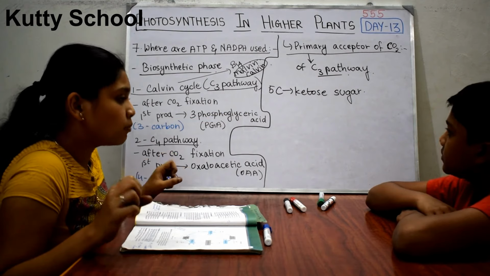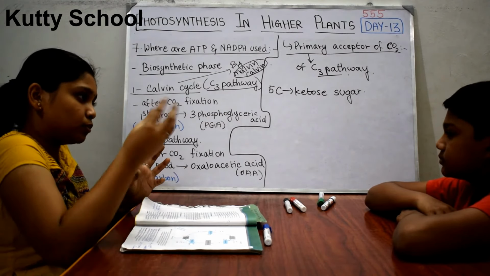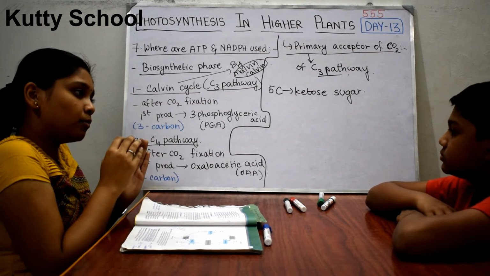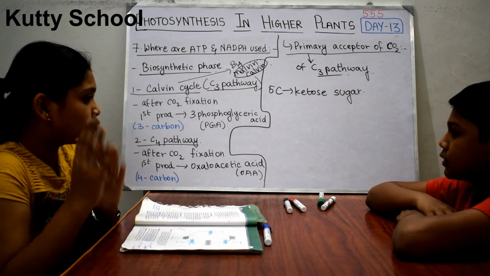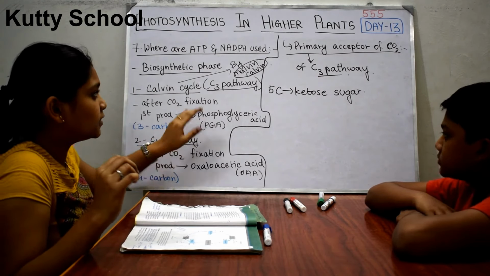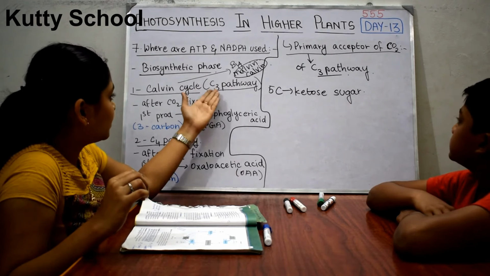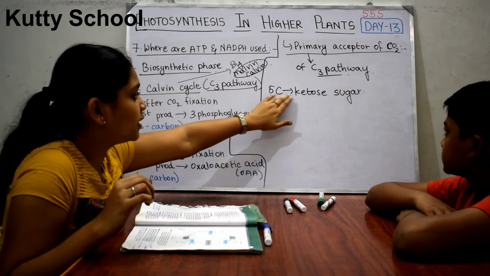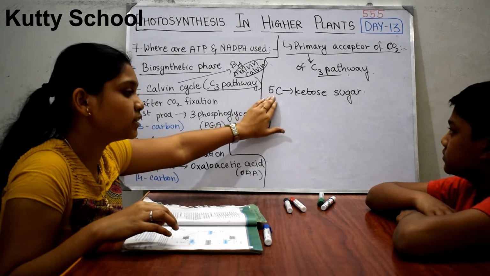The 5-carbon molecule accepts carbon dioxide, which has 1 carbon, and becomes a 6-carbon molecule. This 6-carbon molecule separates into two 3-carbon molecules, which are 3-phosphoglyceric acid. Can you understand? So the primary acceptor of CO2 in the C3 pathway is a 5-carbon ketose sugar.